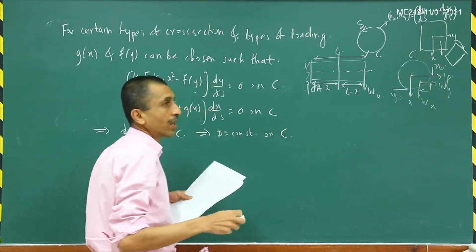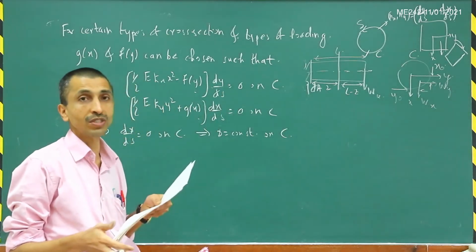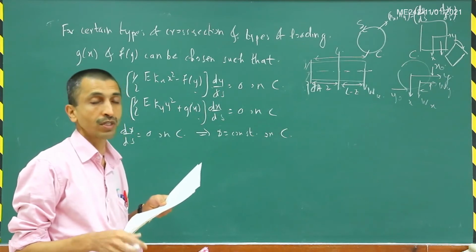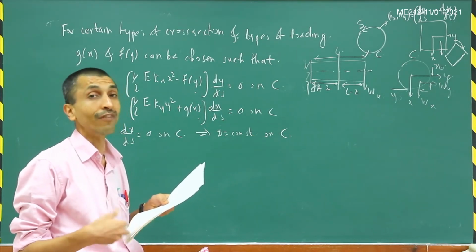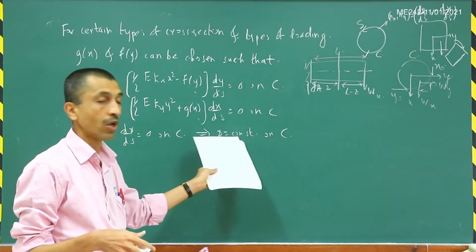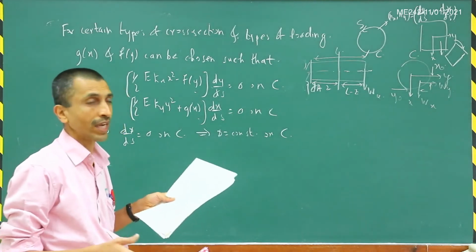And so we can take this φ to be 0, because if you look at the expressions for the stresses, they involve derivatives of φ, and so the constant is not going to make any difference. So we can just take it to be 0.